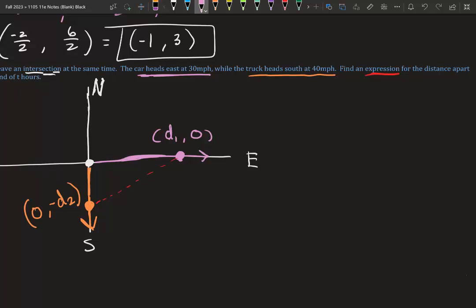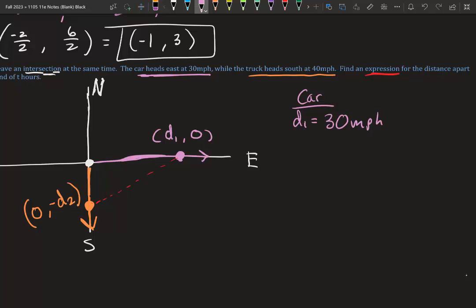So let's start pulling out some details. The car. We said that's going to be distance 1. And that goes 30 miles per hour. Miles per hour is actually a distance because it tells you how many miles you went per hour. So if you're doing 30 miles per hour, you're going 30 miles every hour.